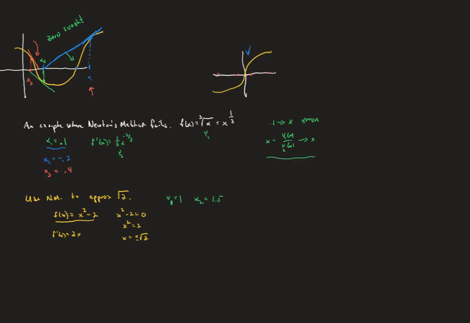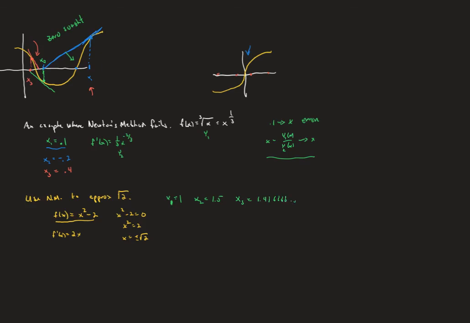When I hit enter again, x3 is 1.41, and then it's repeating 6s there.